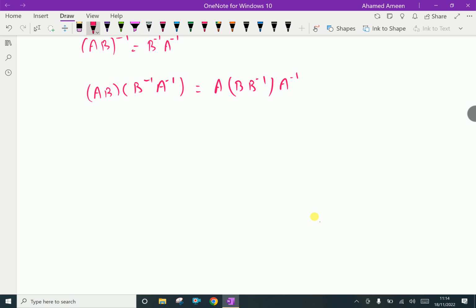Which is equal to A into B into B inverse is I, and A inverse. Now A into identity is A, and A inverse, which is equal to I.